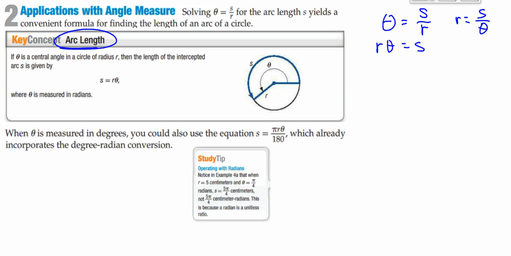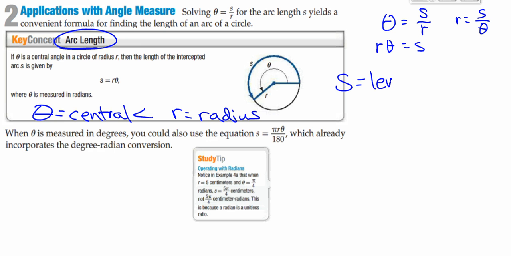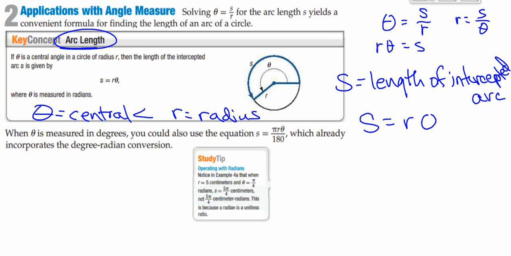Earlier in this section, we said what the angle was, theta. So if theta is the central angle of a circle and R is the radius, then S is the length of the intercepted arc, which is the piece of the circle, and S is equal to R theta.